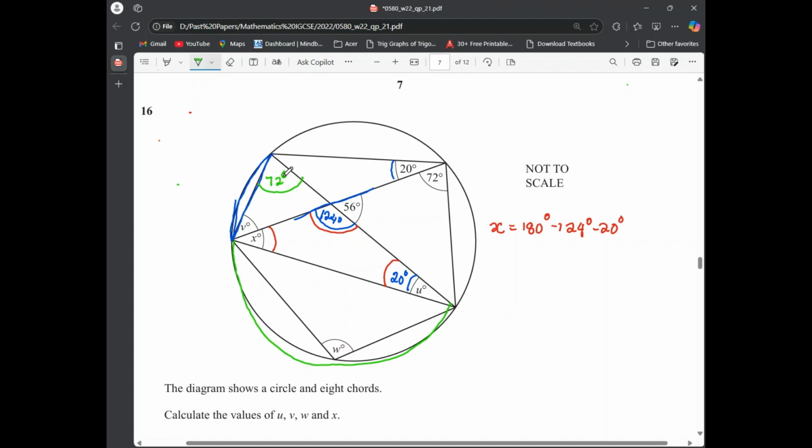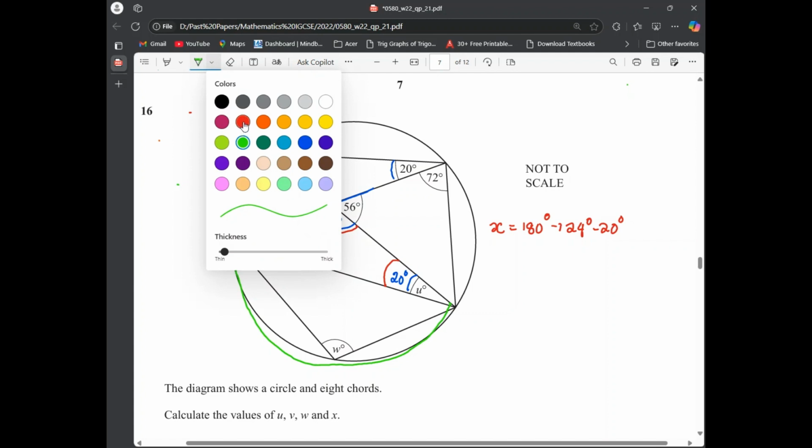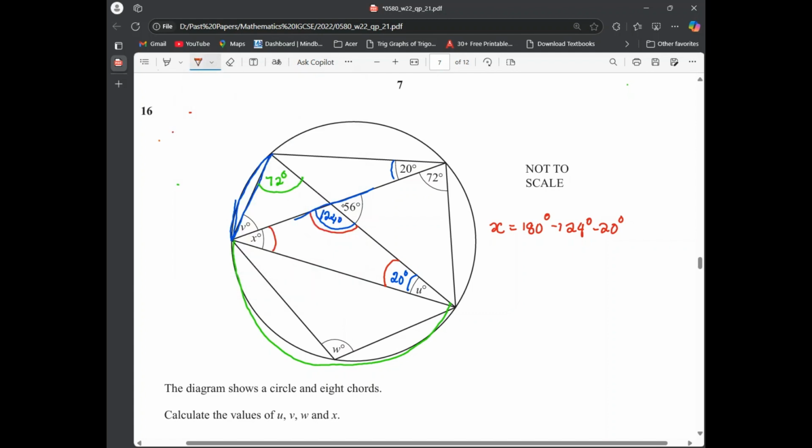How is that useful? Oh, that is useful because I can then, by vertically opposite angles, write that angle as 56 degrees. Now I've got V, 72, and 56, which gives me the option that angle V is equal to 180 minus 72 degrees minus 56.